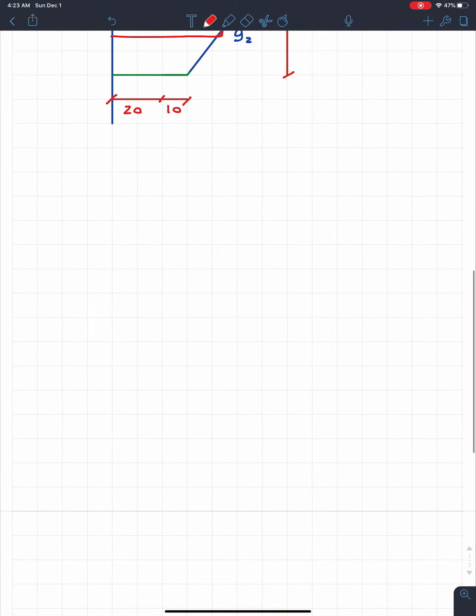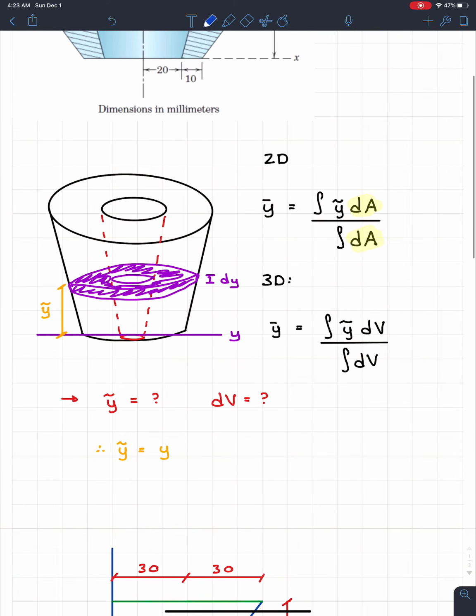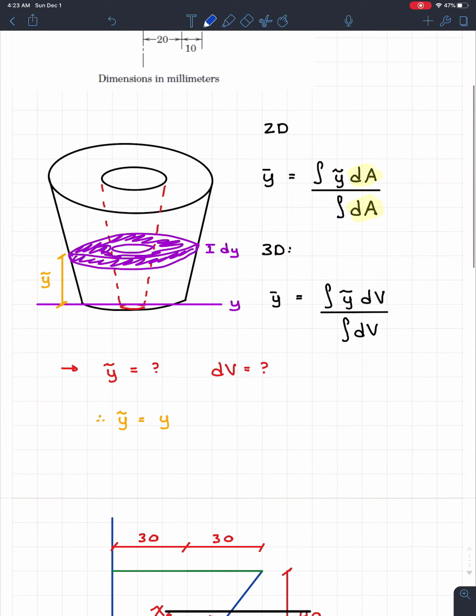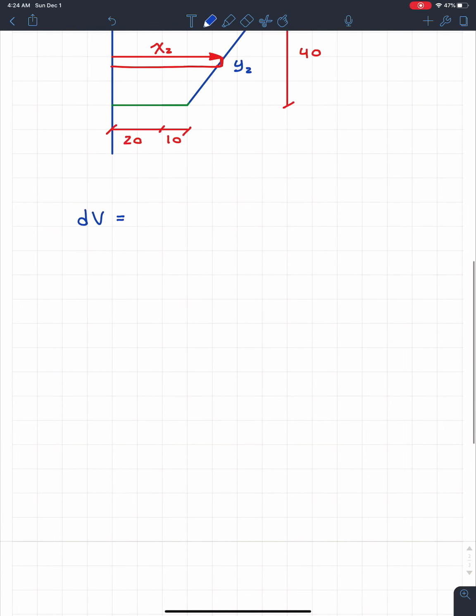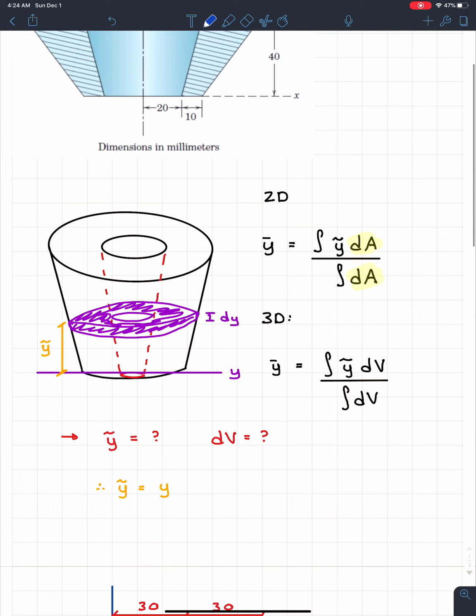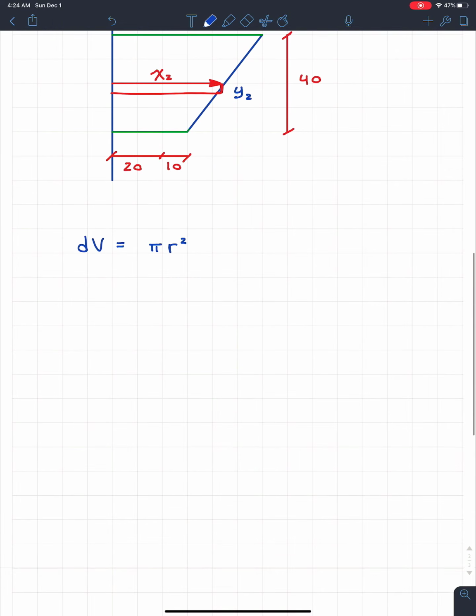So I know that my dV, and it's going to get really confusing, the dV of this slice right here, if there wasn't a hole, it'd be pi r squared, and then that's the surface area, and then times the height of the slice. And the height of the slice is dy.